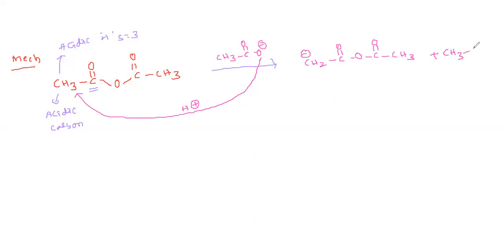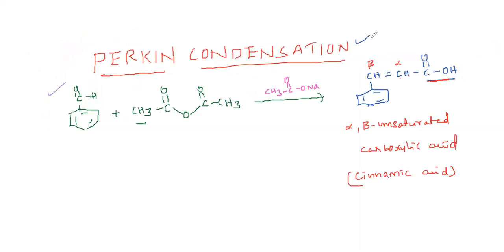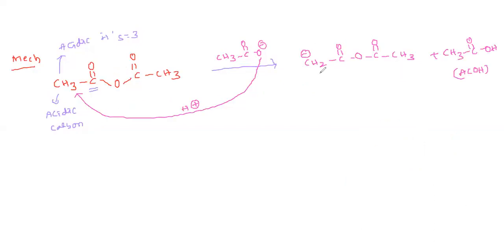The acetate ion is converted to acetic acid, which we generally write as AcOH. Here we generated the carbanion. In any condensation reaction, the carbanion is an intermediate. This step forms the carbanion.